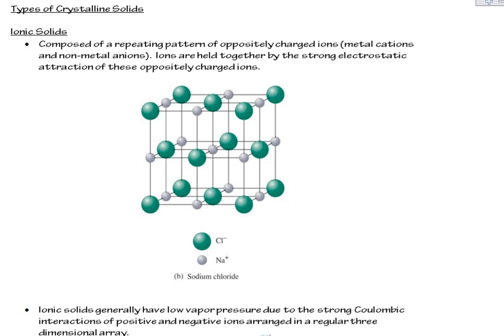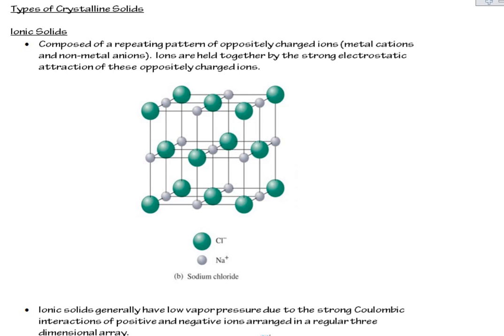You could have a covalent compound with a 2-to-2 ratio of atoms or a 4-to-10 ratio, and we don't simplify because that's the true structure of the molecule. But in an ionic solid, you don't necessarily have individual molecules. You just have a repeating pattern of oppositely charged ions.